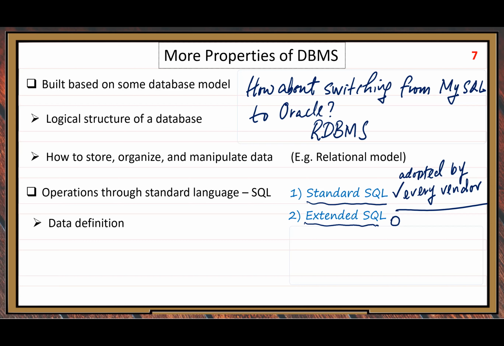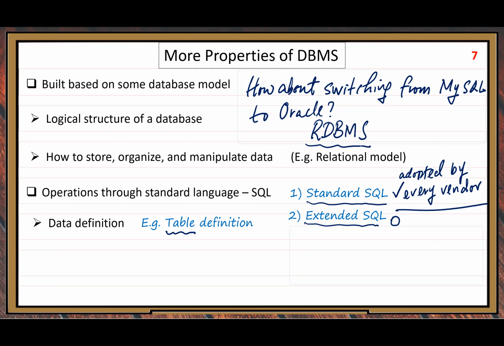Then, what basic things does a DBMS do? The first basic thing is data definition. How do you describe your data? For example, table definition: how do you organize your data in tables? The table concept is very important in the relational DBMS, RDBMS.